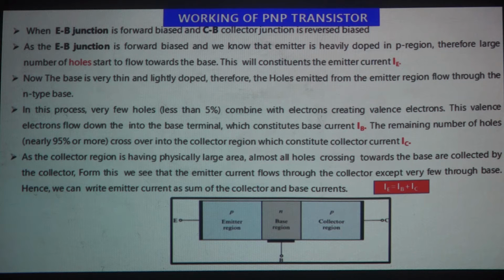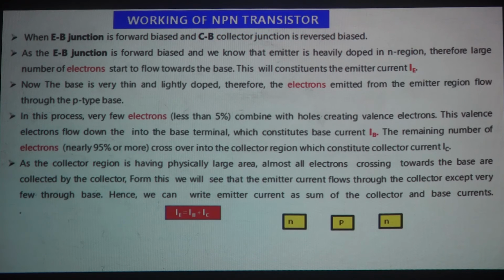If you understand the working of a PNP transistor, then it is very easy to understand the working of an NPN transistor. As you know, the emitter base junction is forward biased and the collector base junction is reverse biased.